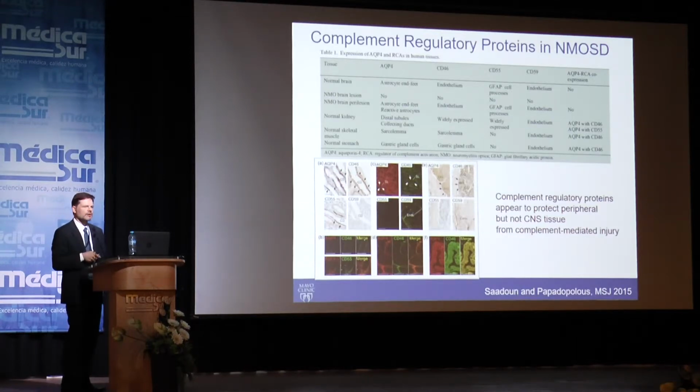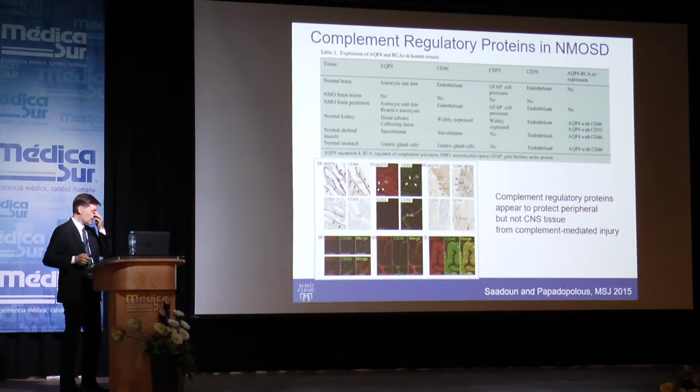I mentioned before that activation of complement is one of the first things that happens when the aquaporin 4 antibody meets its target. And it seems that in different tissues, when one compares brain to tissues that also express a lot of aquaporin 4, like the kidney, the skeletal muscle, and the GI tract, there's a different balance of regulatory proteins involved in the complement system.